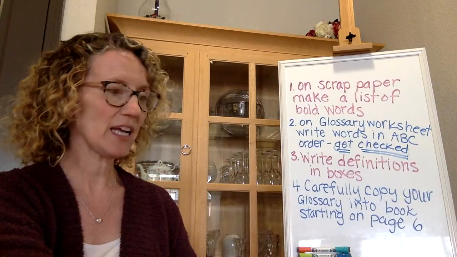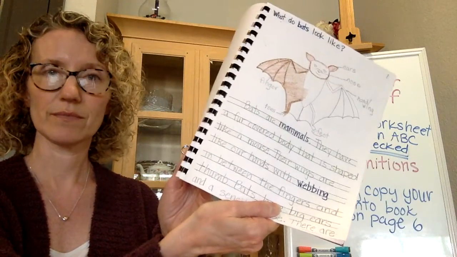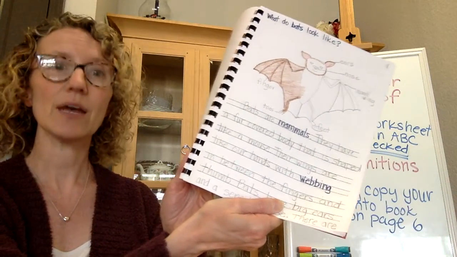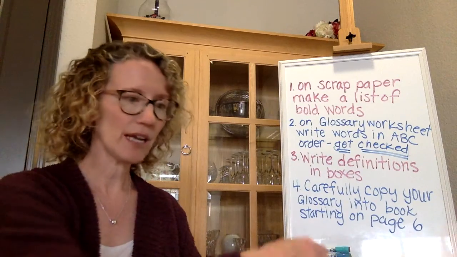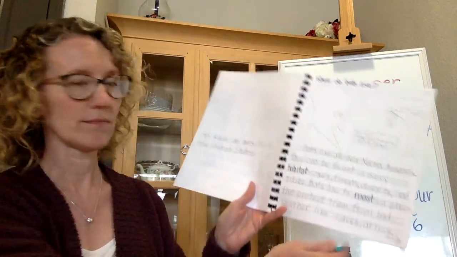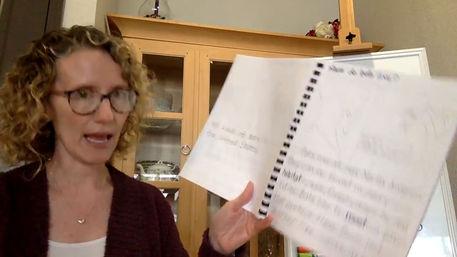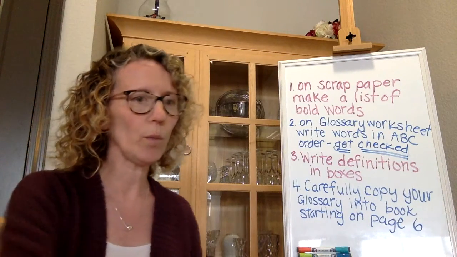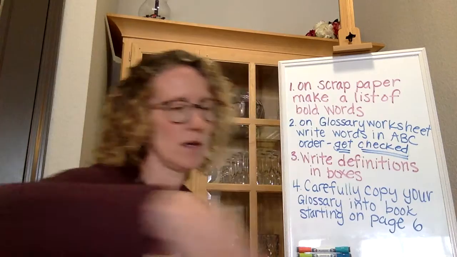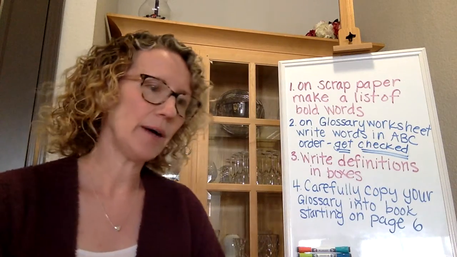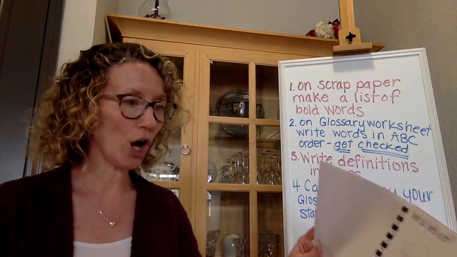So on my first page, I wrote down what words? Right, mammals and wedding. And then I go to the next page, and what words? Right, habitat and roost. And I went through the whole book. And I copied down all of my words.